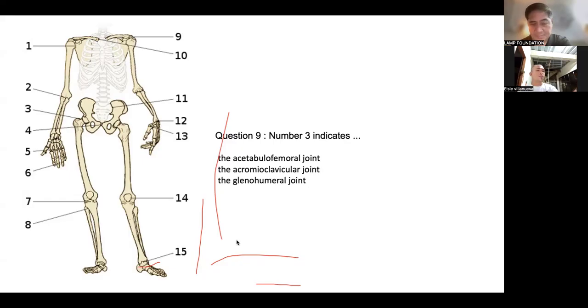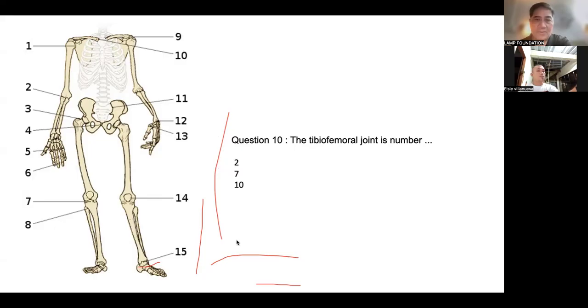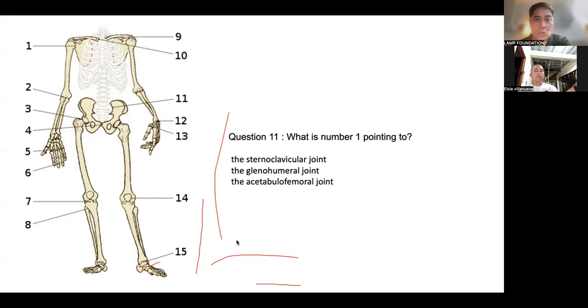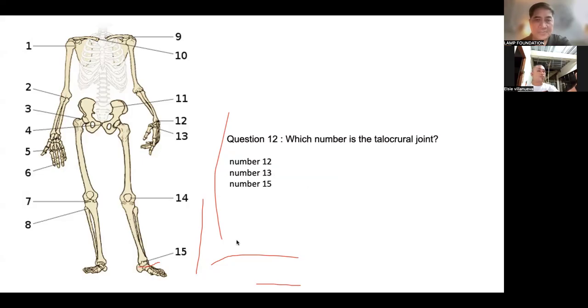The acetabulofemoral joints. Tibiofemoral joint. Number 7. 1, glenohumeral joints. Talocrural joint.